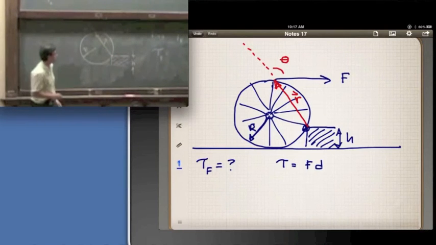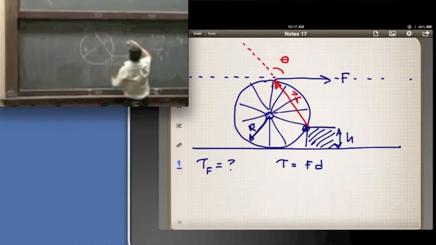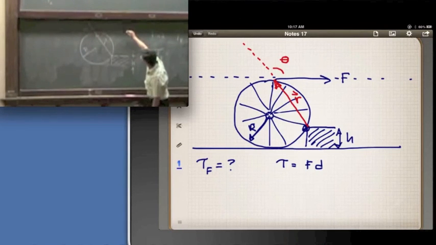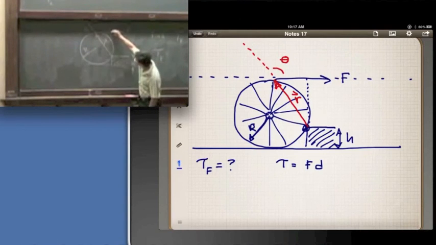What is that perpendicular distance in this problem? This is the line of the force. I drop a perpendicular line to that, but it has to hit the axis of rotation. That's not good. It's got to be this one. Right? That is your d.